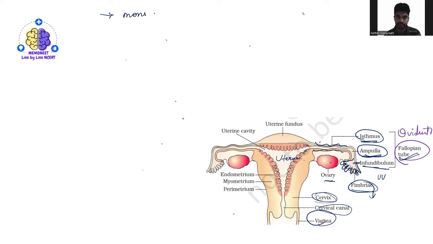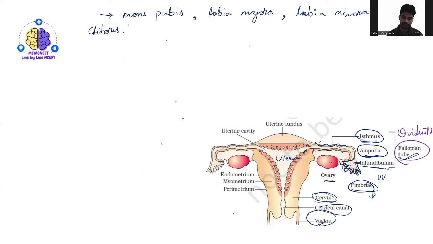Mons pubis, then labia majora, then labia minora, hymen, as well as the clitoris region.